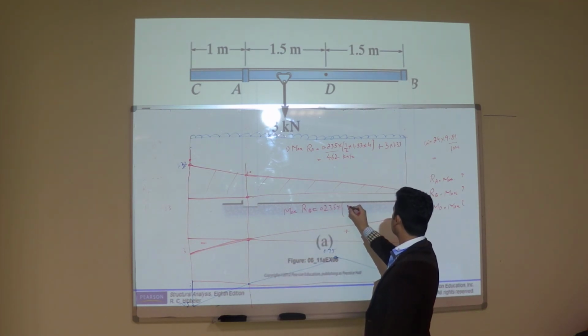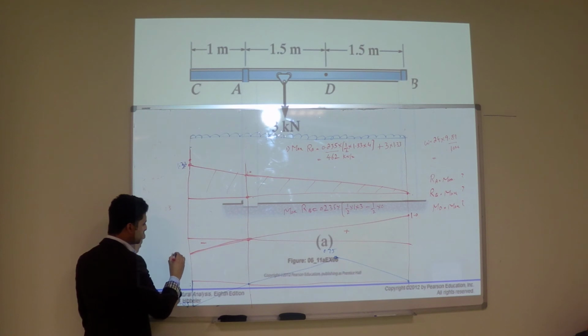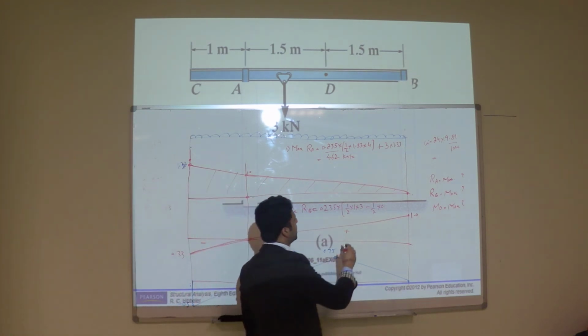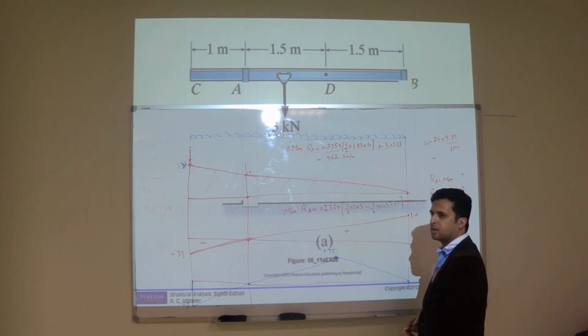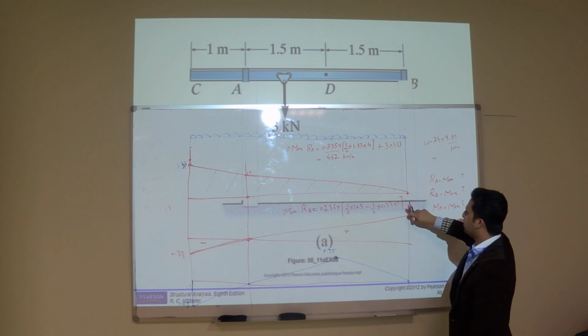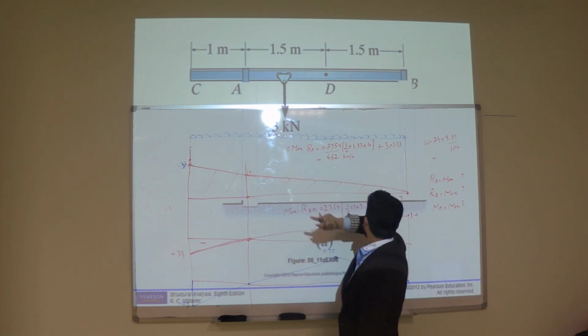So the plus area is 1 over 2 into 1 into 3, 1.5, minus 1 over 2 into 0.33 into 1, which will be 1.331. Plus, but when will you get the maximum reaction at B?